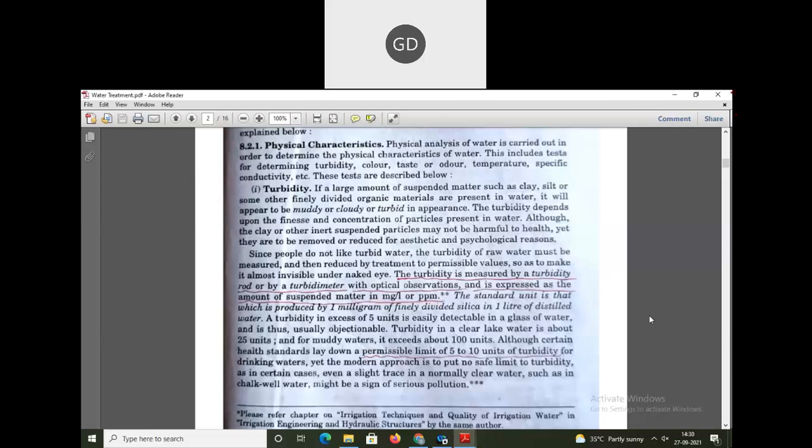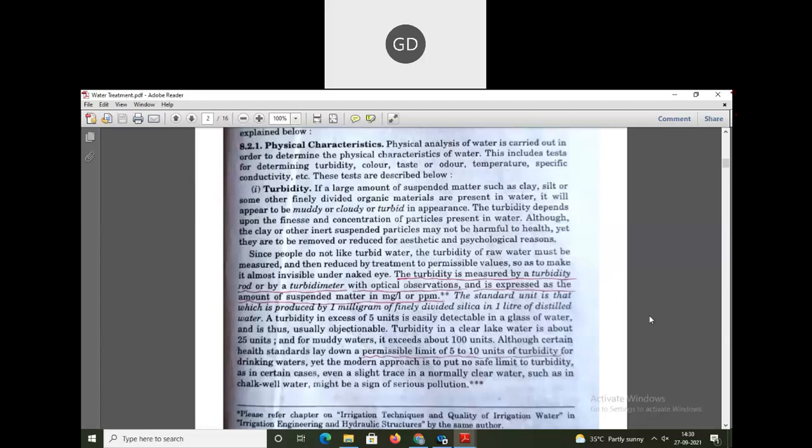The standard unit is 1 milligram of finely divided silica mixed with 1 liter of distilled water.